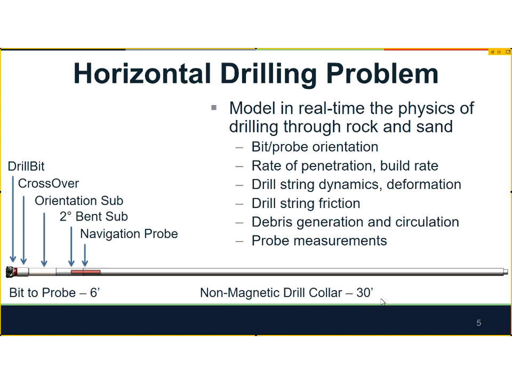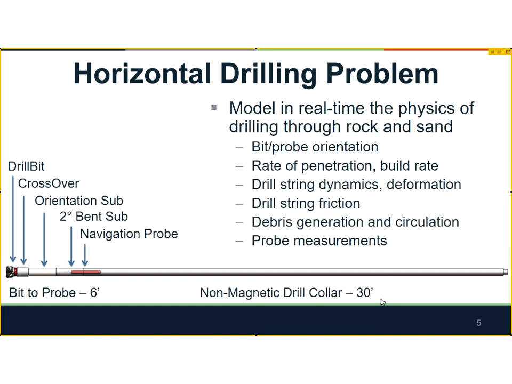So if you're trying to push or pull or turn, the tortuosity of the hole will result in contact with the pipe in more or less places. And so we're trying to model the friction that they see when they're static, or rotating or sliding, or rotating and sliding, and getting a realistic response of what they expect to see in the field in different types of geology.